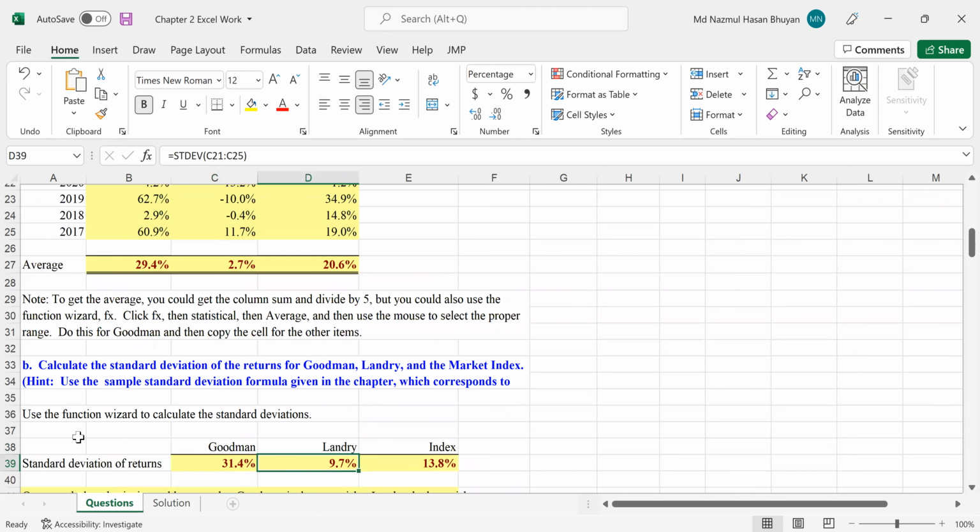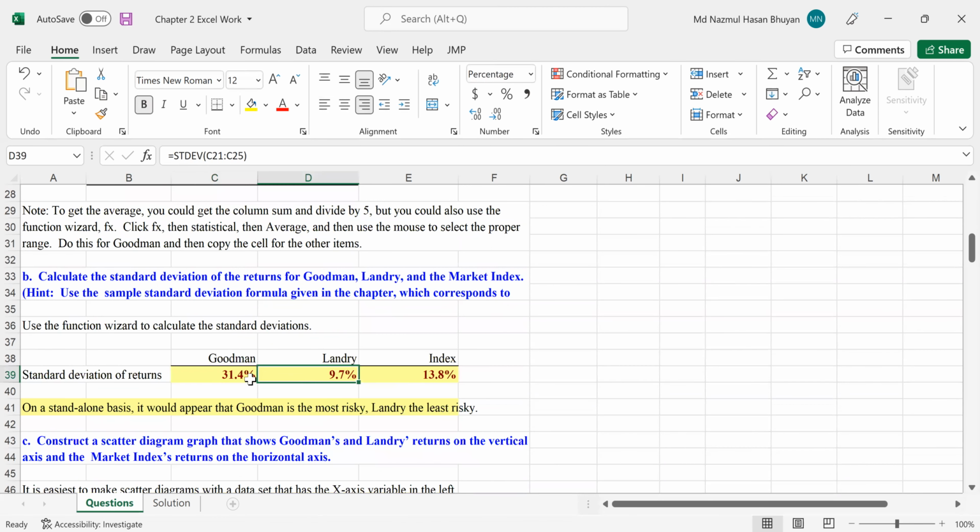So you can see here, Goodman Company is the most volatile stock here, and then the volatility of Goodman is even more than the volatility of the market.